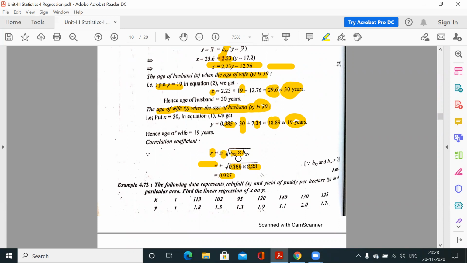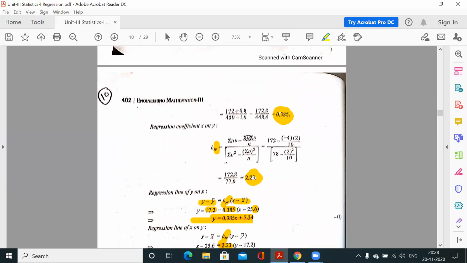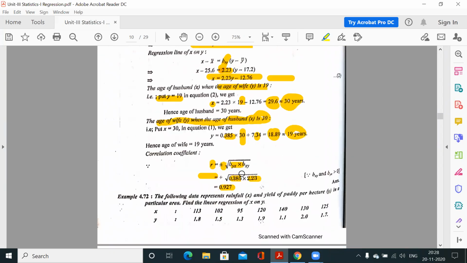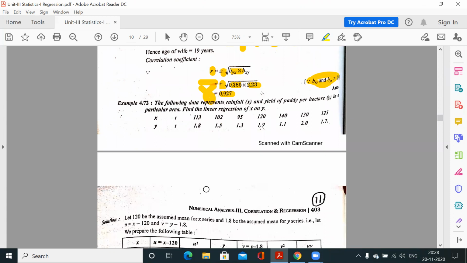It depends on the sign of the regression coefficients. Since both regression coefficients are positive, we use the positive sign for r. So this is the question.